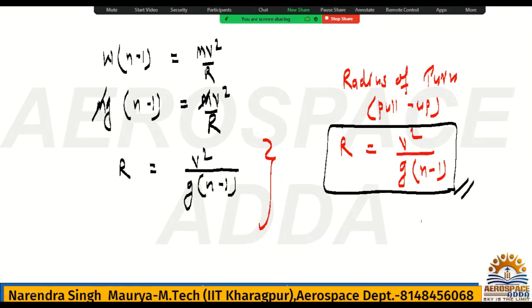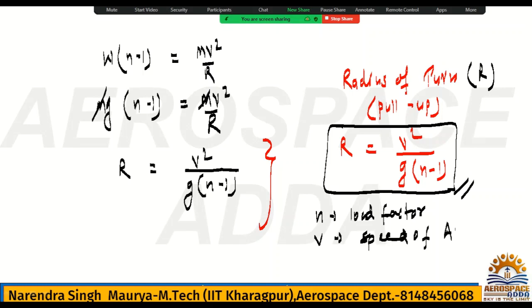There should not be any confusion. R is the radius of turn. Rest everything is the same. What is N? Load factor. What is V? Speed of aircraft. As usual, nothing is changed. Everything will be the same thing. Fine, now you can say this is the radius of turn.